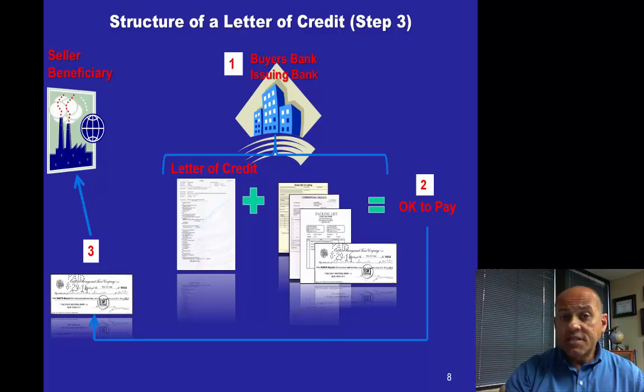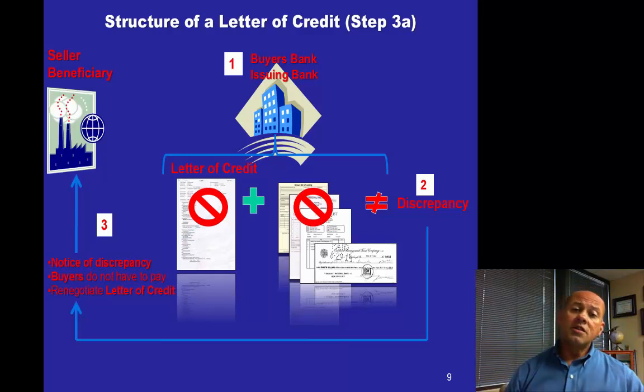And if everything is in compliance, then the buyer's bank is obligated to pay on that obligation. Now that means when they're paying on that obligation, they're accepting the demand to pay under the draft, and then that draft goes back to the seller, and that becomes a negotiable instrument by which they're paid.